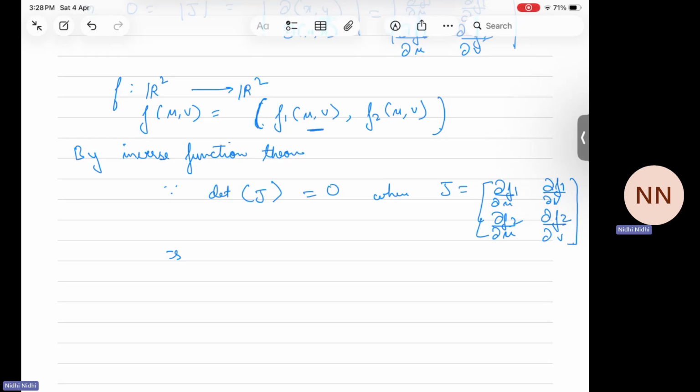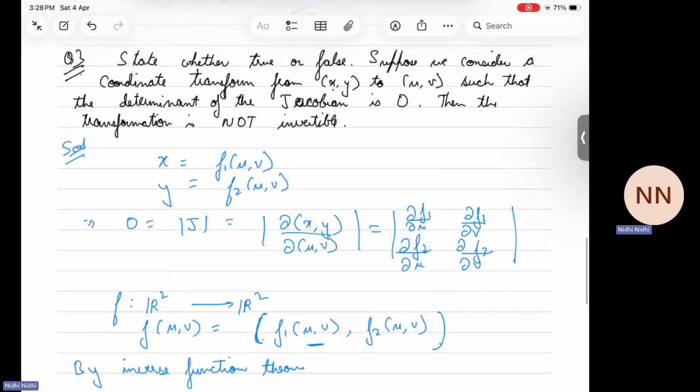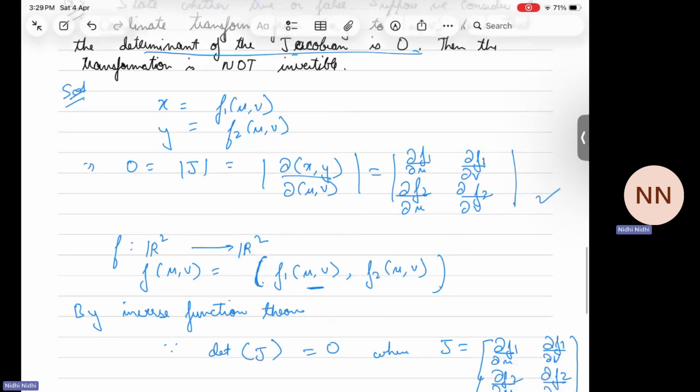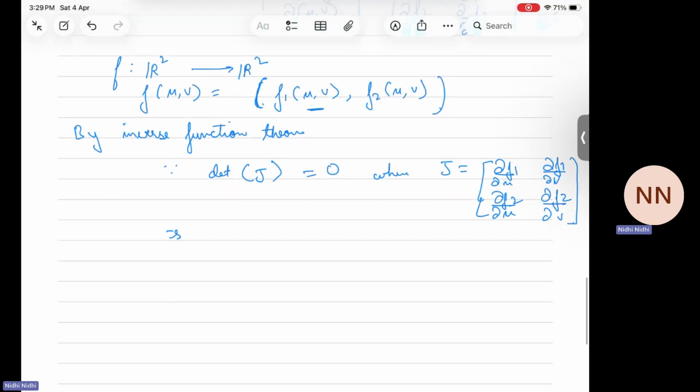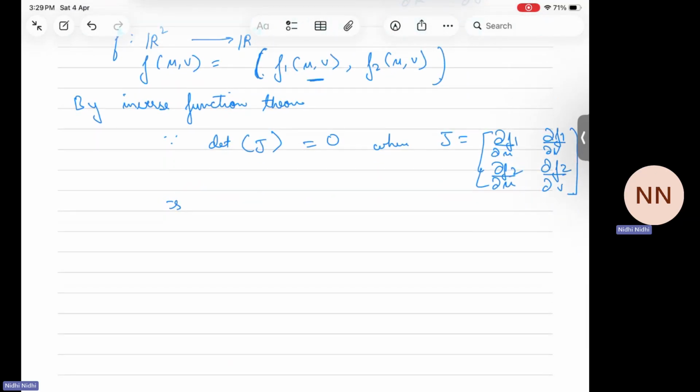But here we are given that this determinant is always zero. That means this determinant is zero for all uv. That means it is nowhere non-zero. That means it's nowhere locally invertible, and hence it will always be not invertible.